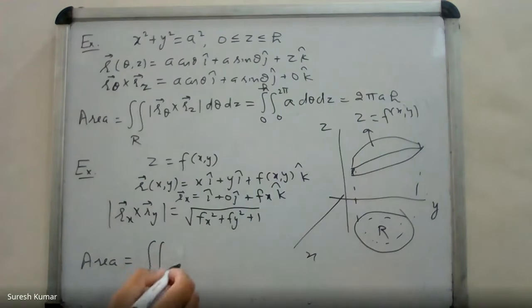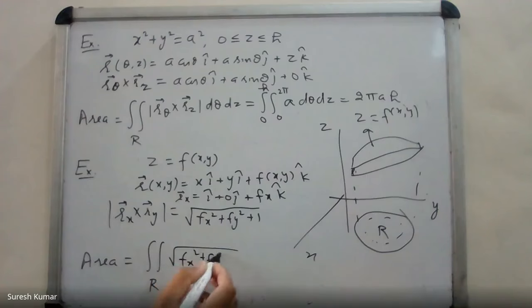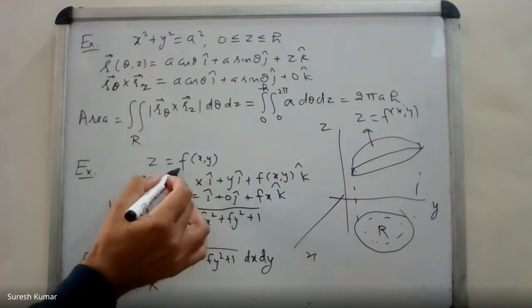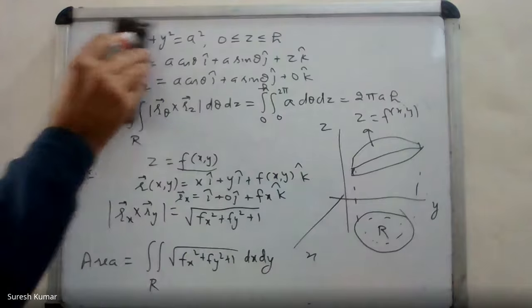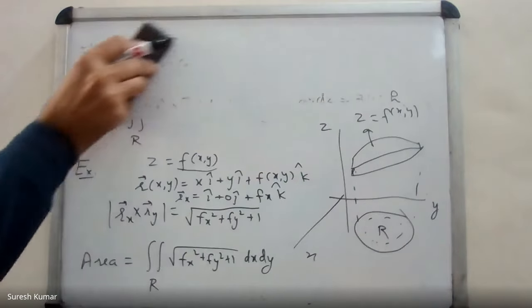Double integral over R of square root of fx square plus fy square plus 1 dx dy. Okay. For explicit surface, you can use this formula directly. So in this case, you just need to note down the f(x,y) from the given equation of the surface.